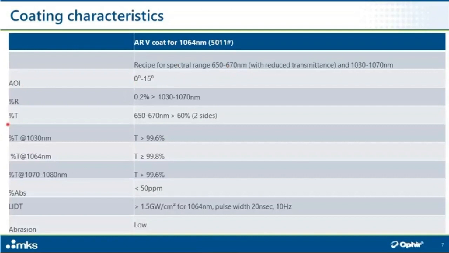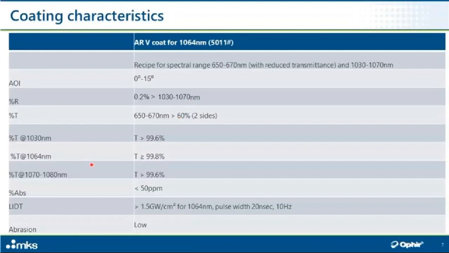The reflection is 0.2% at the range 1030 to 1070 nanometers. Transmission in the range 650 to 670 nanometers is above 60%. Now the transmission depends on the wavelengths.